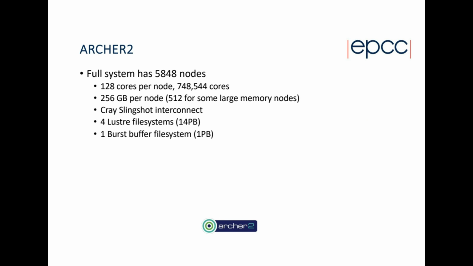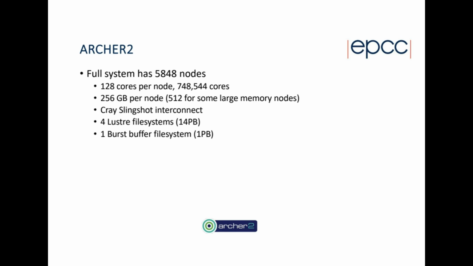Just a few details about the system. In case you're not familiar with it, it has a little short of 6,000 nodes. Each node has 128 cores, split between two 64-core AMD Rome chips.